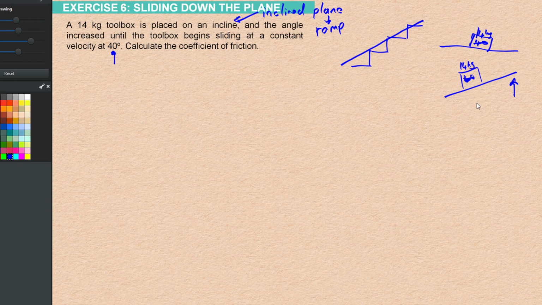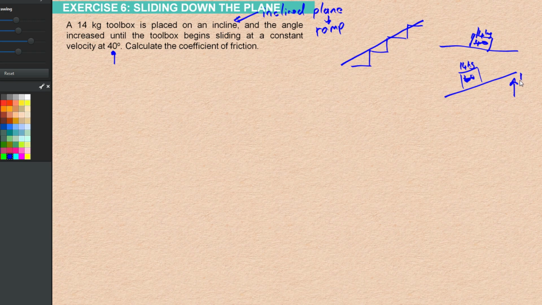Now, our static friction coefficient is always or almost always larger than our kinetic coefficient of friction. So as this starts moving from being stationary, there is less resistance to movement, and it would actually accelerate down the ramp if we left it at the same angle from when it started moving.